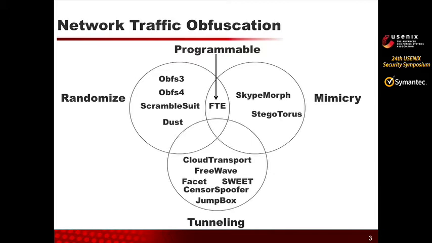You have mimicry-based techniques, which are supposed to be lightweight methods to do the bare minimum to mimic some allowed protocol that would normally make it through the censor's firewall. And then you have tunneling, which is much heavier weight, often a bit slower, but uses the full implementation of each of these protocols to tunnel data in some way or another.